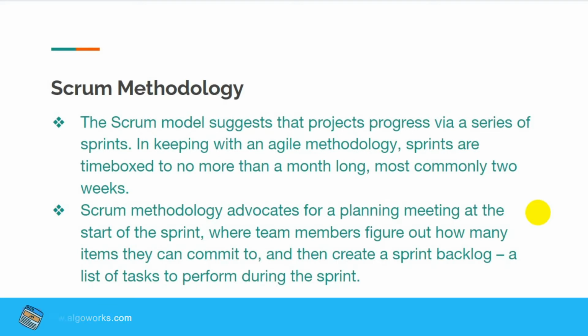And if that specific piece of development works as per the expected behavior, it can be pushed further into the approval process. Scrum advocates a planning meeting at the start of the sprint, and when the team figures out how many items they can commit to, they can create a sprint backlog, the list of tasks to perform during that specific sprint.